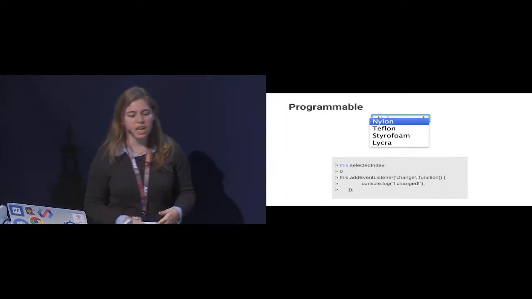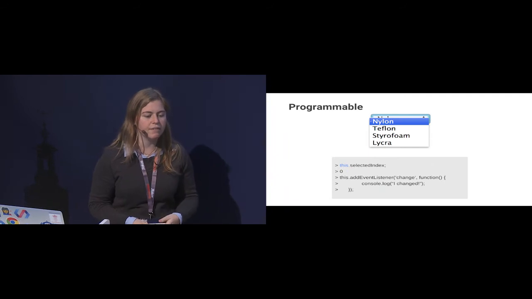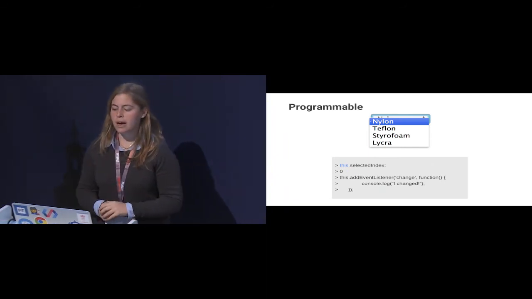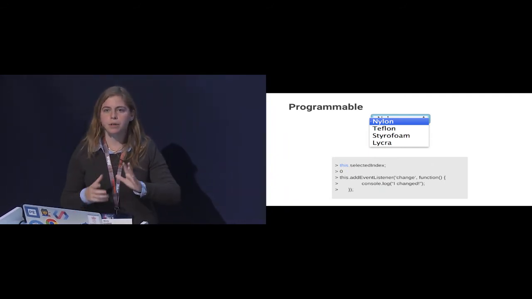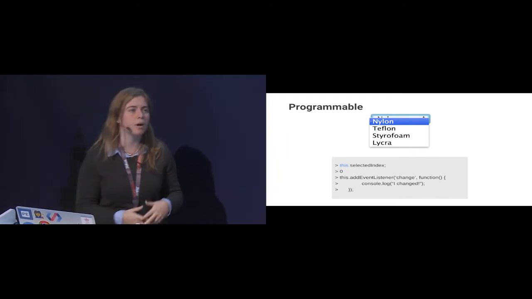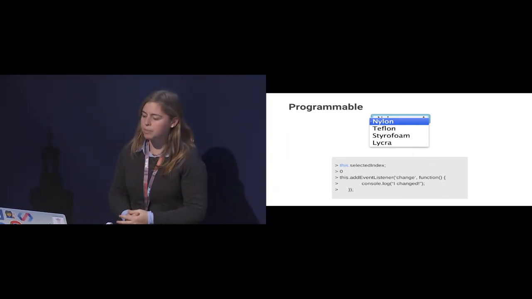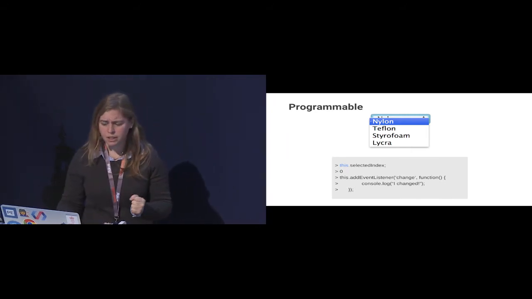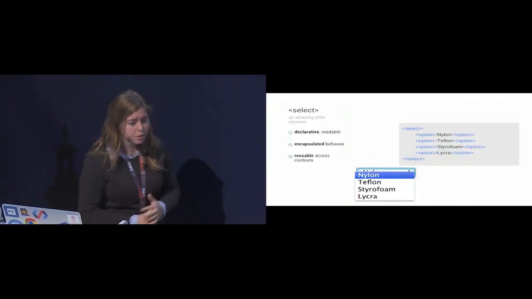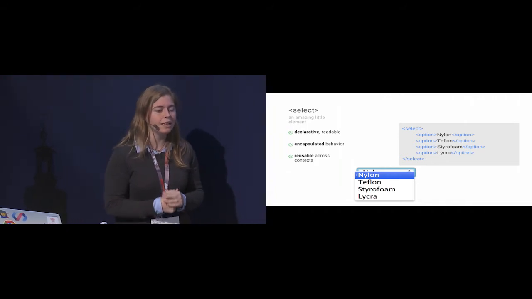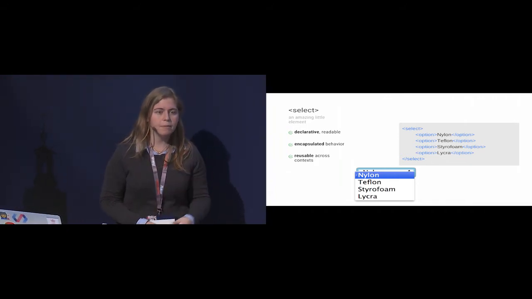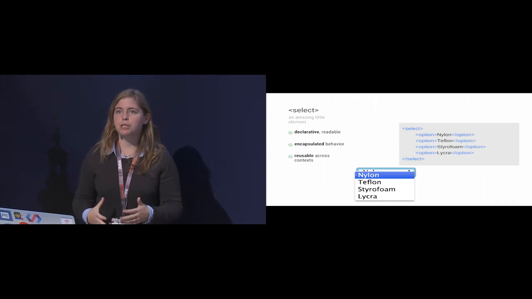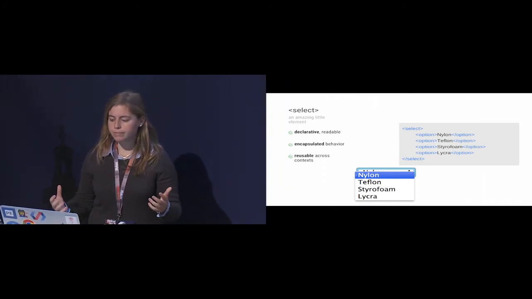So they expose APIs, simple things like adding event listeners for changes, exposing different public properties and methods for its attributes, and you don't really have to do much. So all in all, this is pretty amazing. Just this tiny little element. Declarative, encapsulated, reusable, super cool.